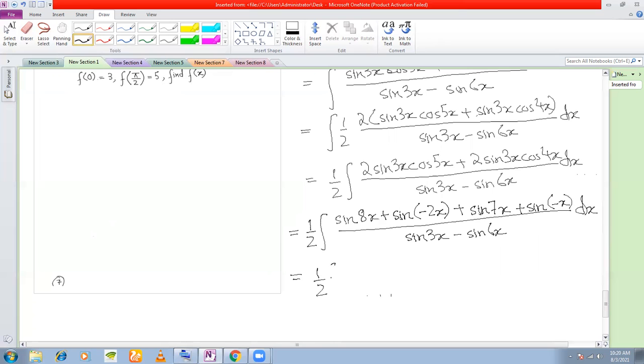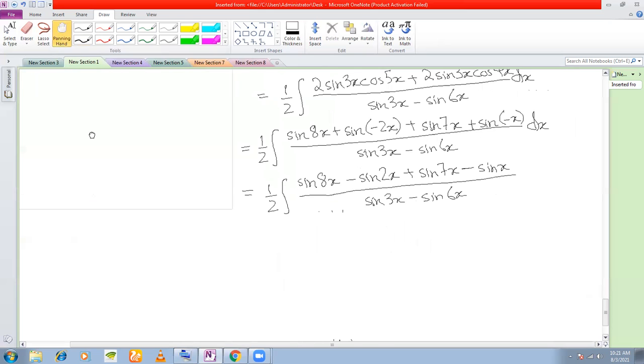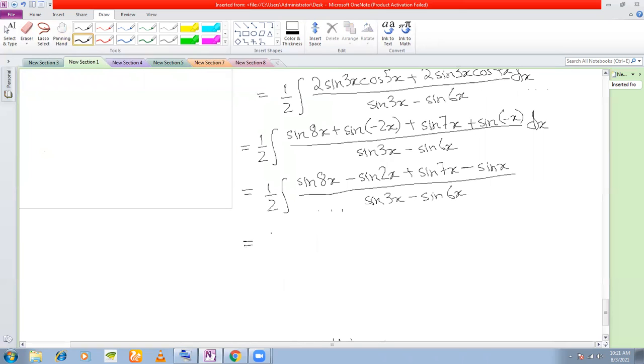Now you write in the numerator the negative angle. You take the negative sign out of the angle to write sine minus 2x as minus sine 2x plus sine 7x, and sine minus x you write this as minus sine x, divided by sine 3x minus sine 6x. Now see, in the numerator, you again have to change it to product. But which two will you change to product?